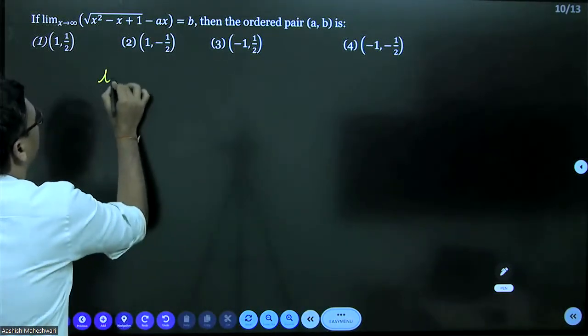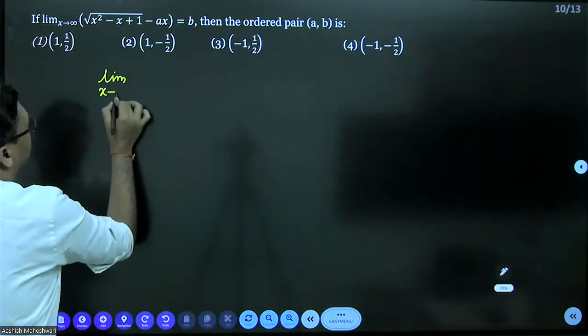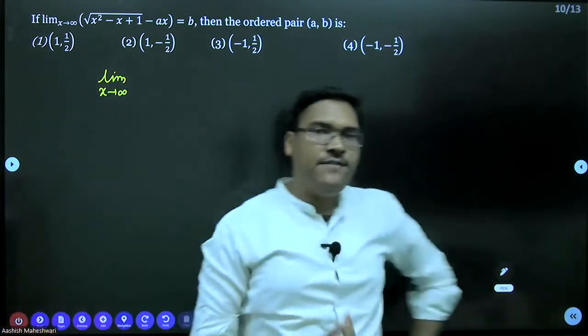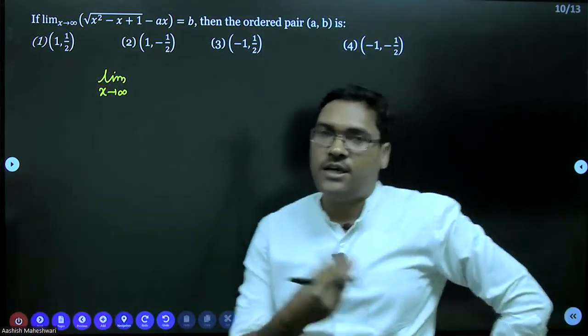We have limit x approaches infinity, right? For infinities, what do you do? We try to create infinities in the denominator, since something by infinity approaches 0.